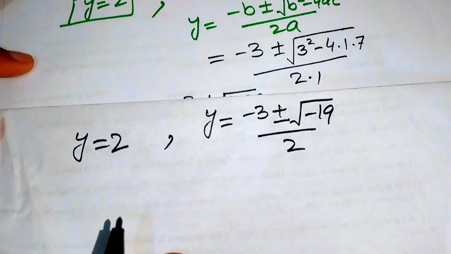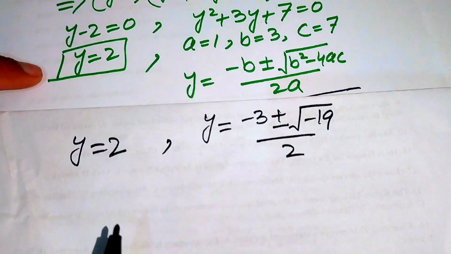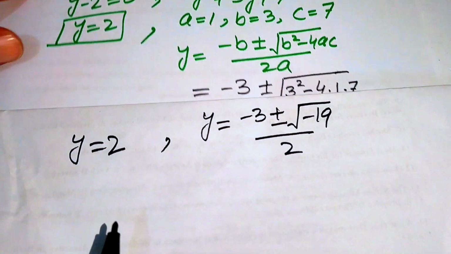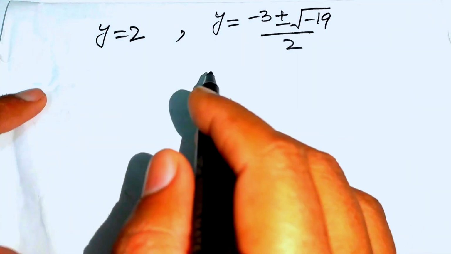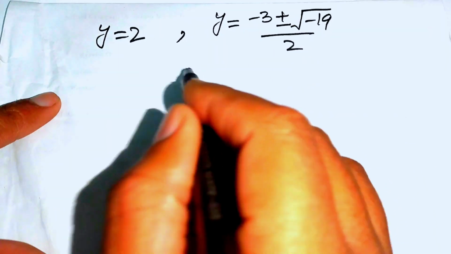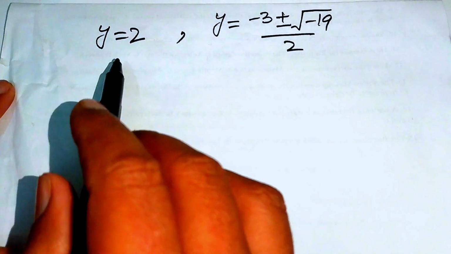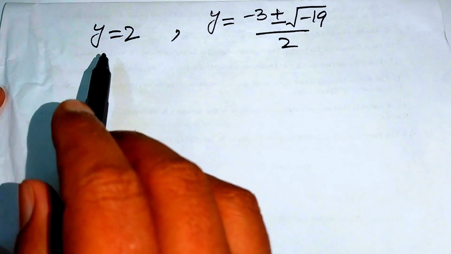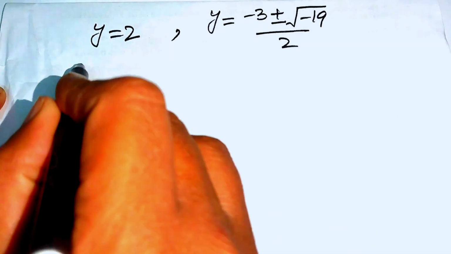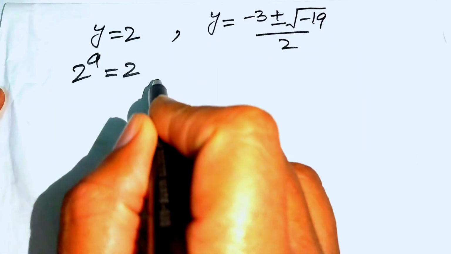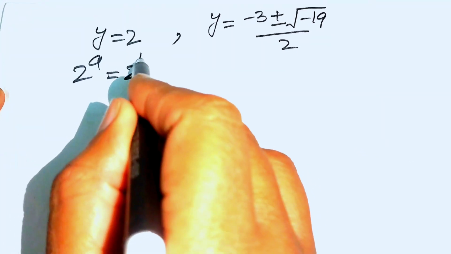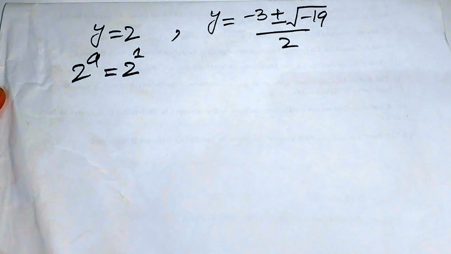Okay, so we write this value of y, this is y equals 2, we can copy down here. And now we can simplify these two terms, and here in the first case we have y equals 2, but in the start of the problem we took y equals 2 to the power of a. So 2 to the power of a becomes equal to 2, and we see that the exponent of this 2 is 1.